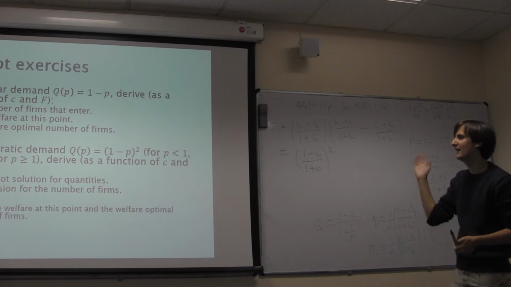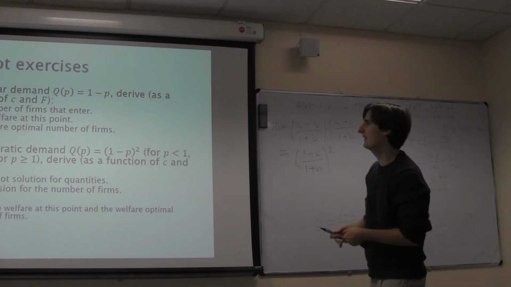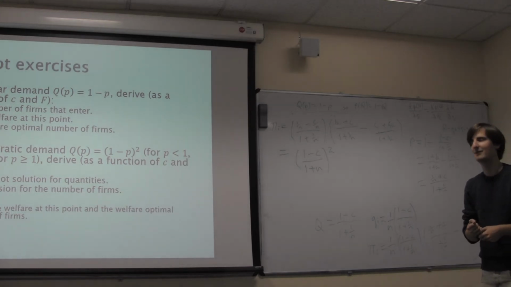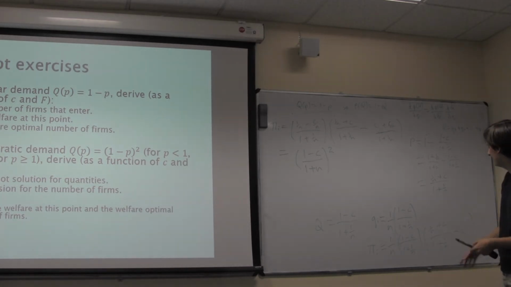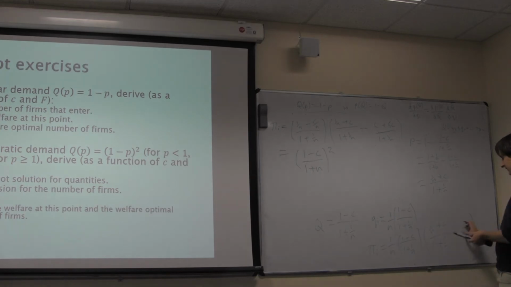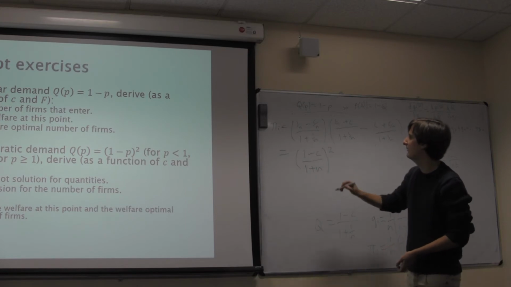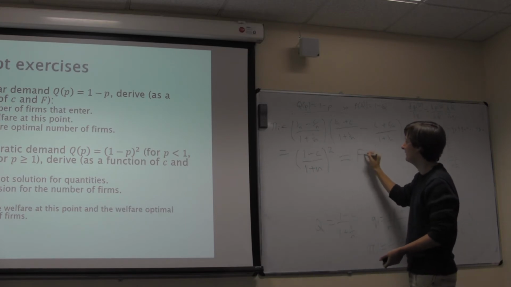So it's slightly annoying algebraic manipulation, but it's not difficult. It's just tedious, right? It's what you always do when you've got a fraction like this. You express this as something divided by this thing, and then you can simplify the fraction, and you carry on simplifying. Okay, and then the free entry condition says this thing should be equal to the fixed cost.